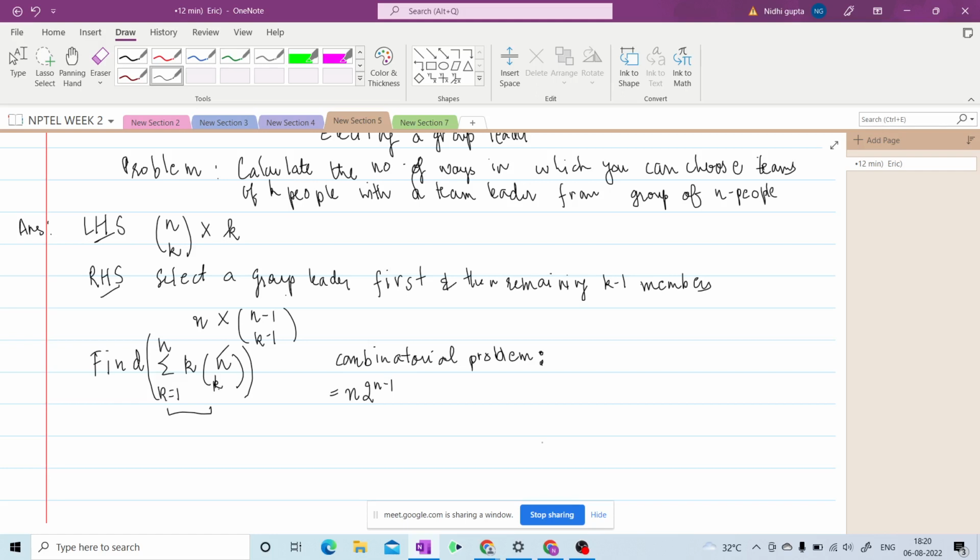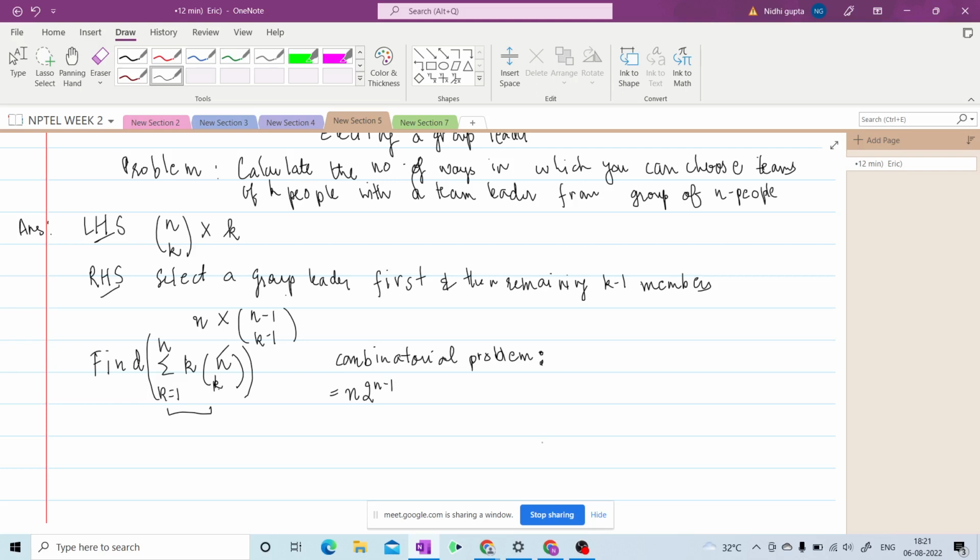So why did you say n multiplied by 2 raised to the power n minus 1? Because for each of the participants we may or may not select. Yeah, that's a fine way to answer it.